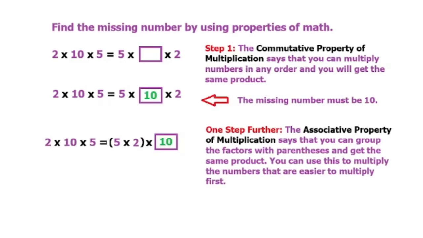So we could take the original, 2 times 10 times 5, and we could multiply 5 times 2 first because it's really easy to multiply 5 times 2. We know it's 10, right? So 5 times 2 is 10. So then we can just multiply it with this 10. And then that'll give us the answer. And the answer is 100.